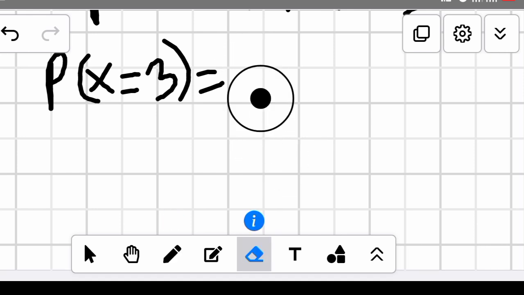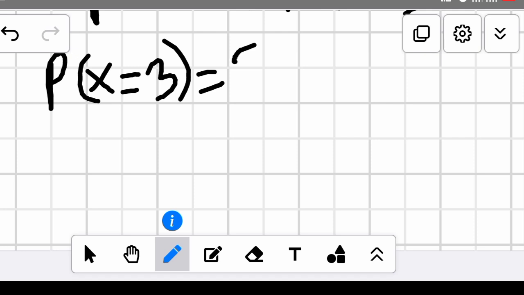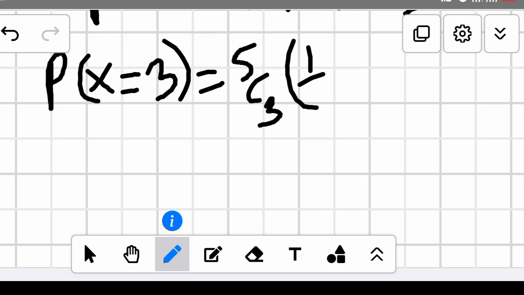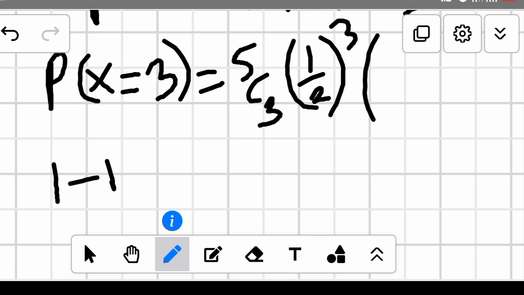You can actually press this from your calculator. Then the next is you would have to get the probability of success, which is definitely 1 over 2. So we have 1 over 2 raised to power 3. Then you now have probability of failure, which is 1 minus probability of success, which is still half, then raised to power 5 minus 3.